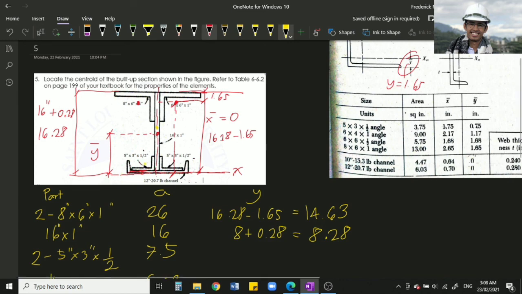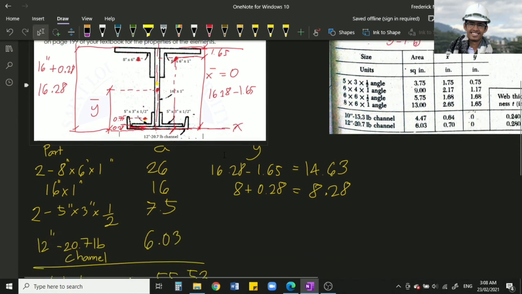Dito banda. So kunin natin yung distance nito. So this is 0.75. So mayroon pang natitira. So that will be 0.75 plus 0.28. Okay? Yung thickness nung C channel. So 0.75 plus 0.28 is equal to 1.03.